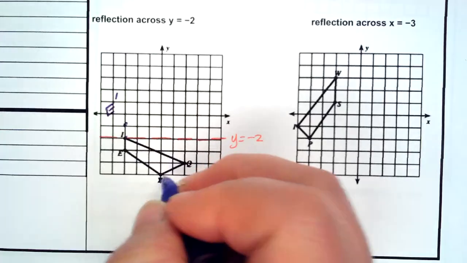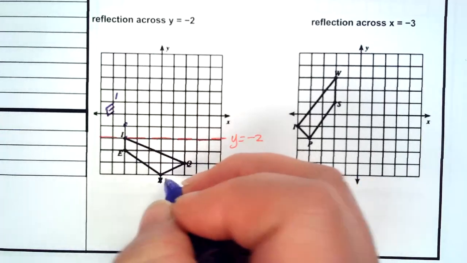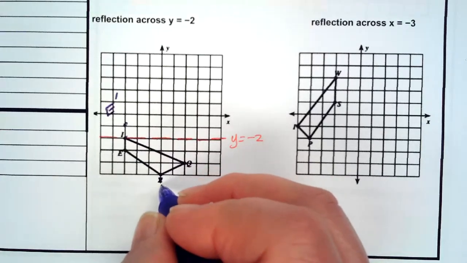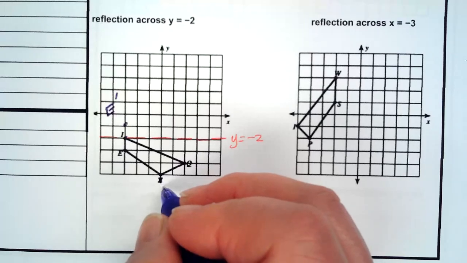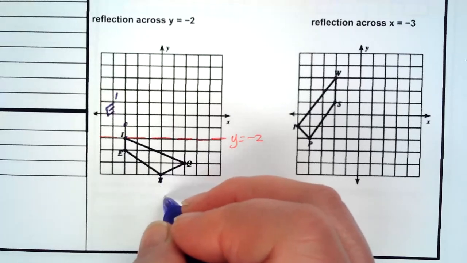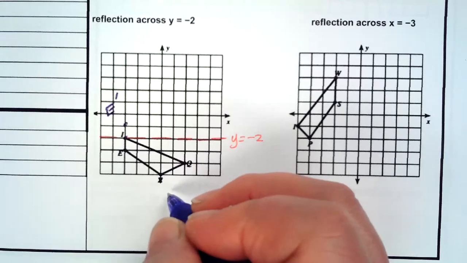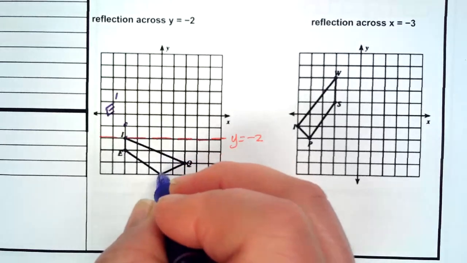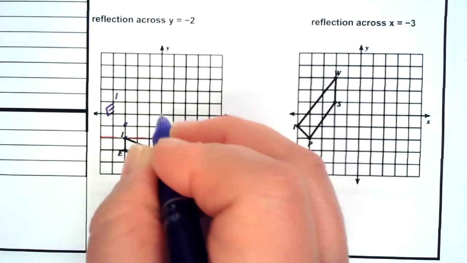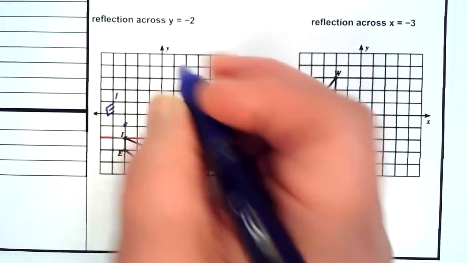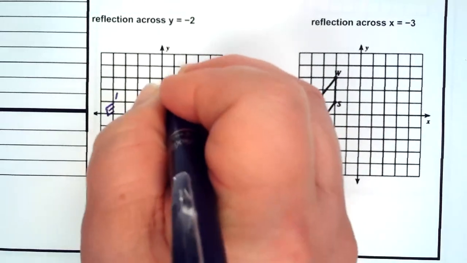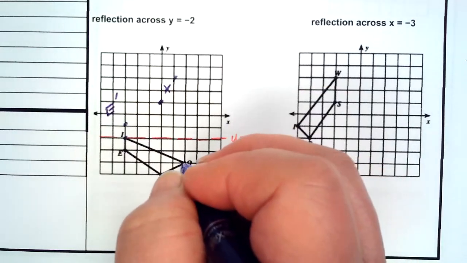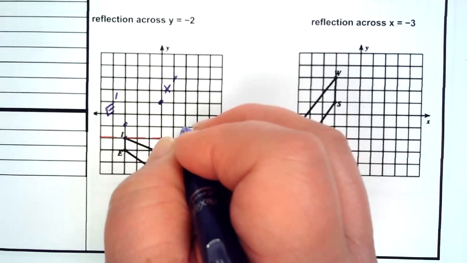If I'm looking at this point here, I don't know what it's supposed to be. I'll call it an X. It is 1, 2, 3 below. I go up 1, 2, 3. This is my x prime. And finally Q is 2 below, so I go 2 above.